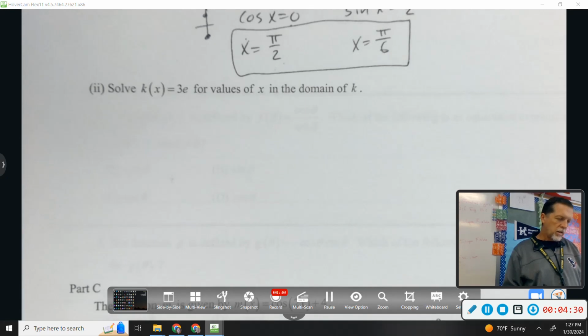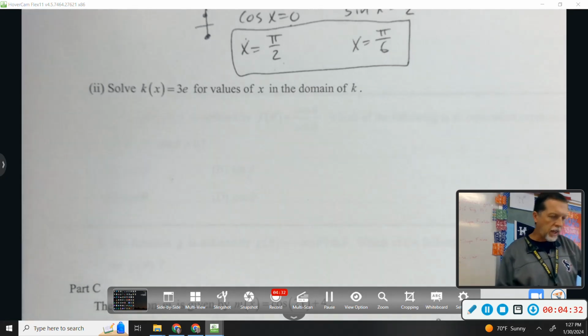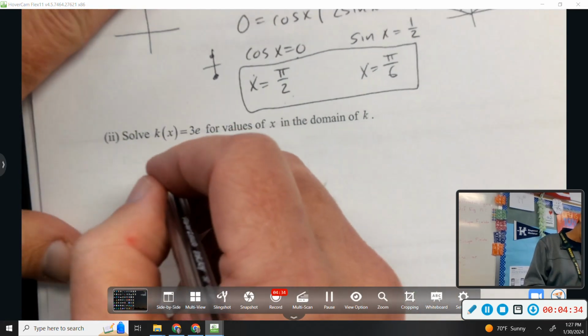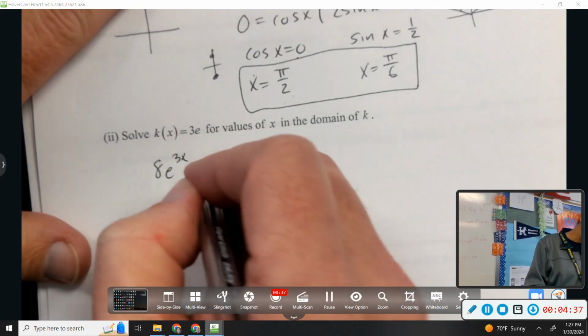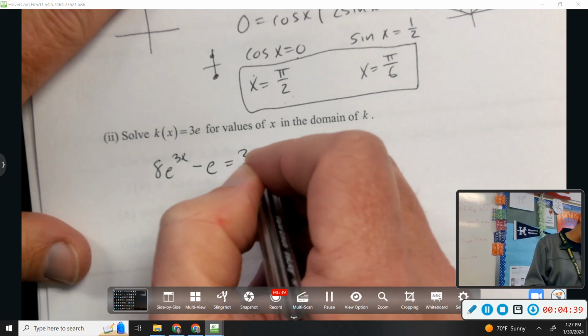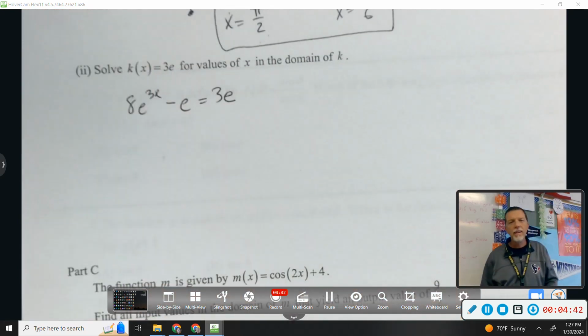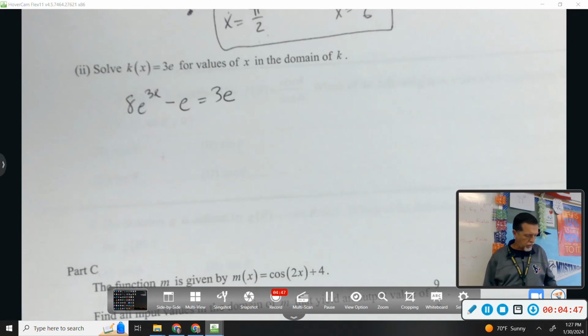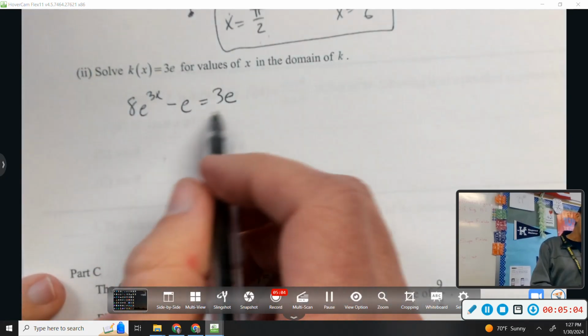Part 2, solve k of x equals 3e. So 8e to the 3x minus e equals 3e. There's a variety of ways to go about this one. What do you think we should do first? I think step 1 should be the same for everybody. Thoughts? The e's are what's throwing people off.